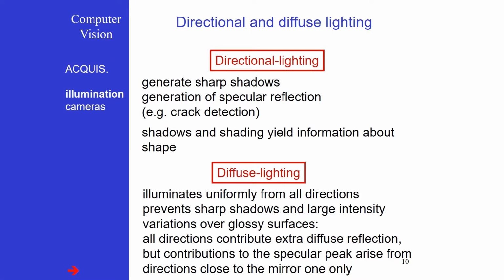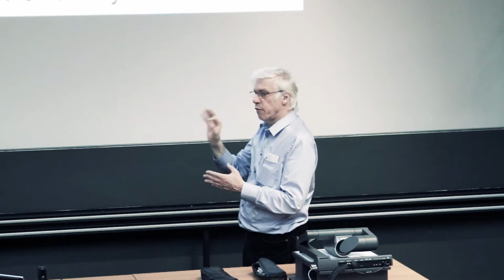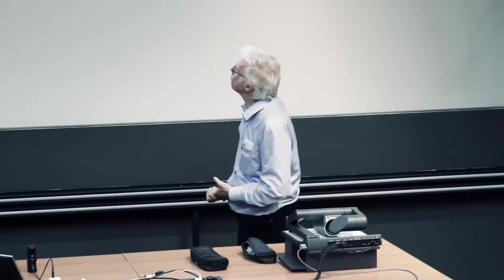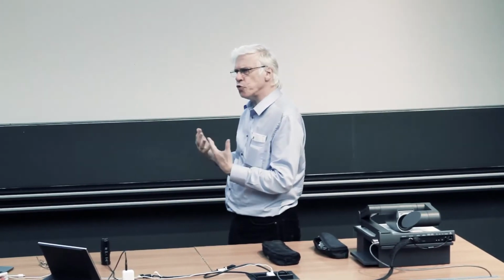So all directions contribute extra diffuse reflection, but contributions to the specular peak arise from only the very particular direction that corresponds to the mirror condition. So in that case, in fact, you avoid the dominance of some specularities over the diffuse reflectance.